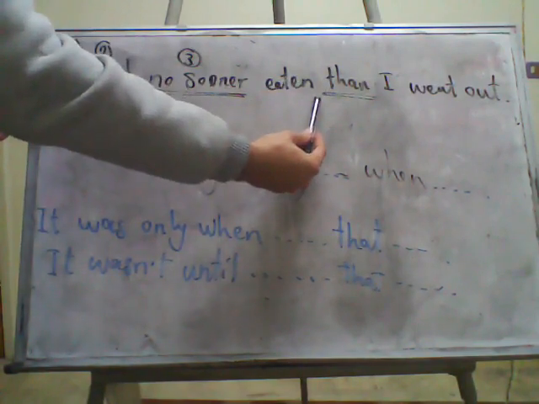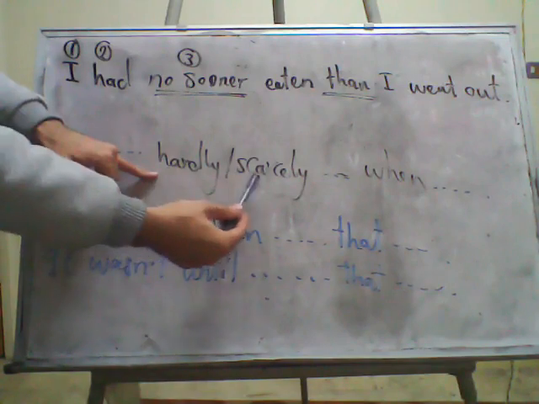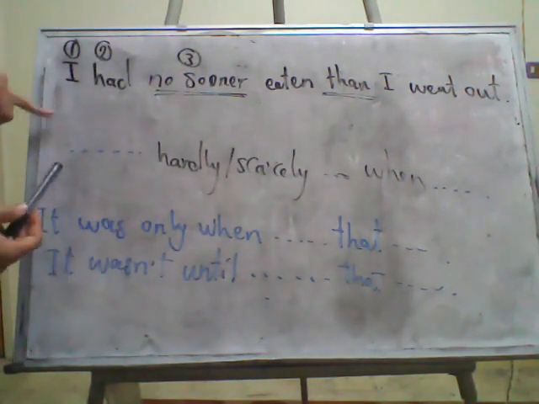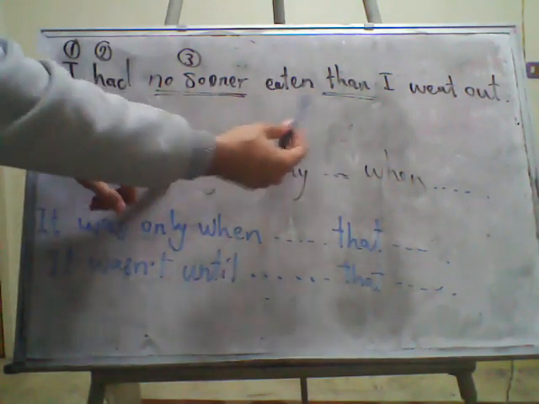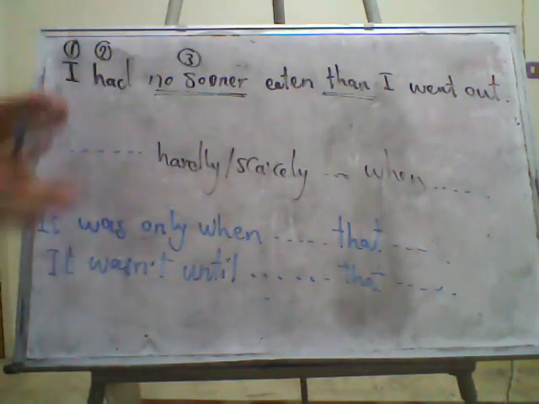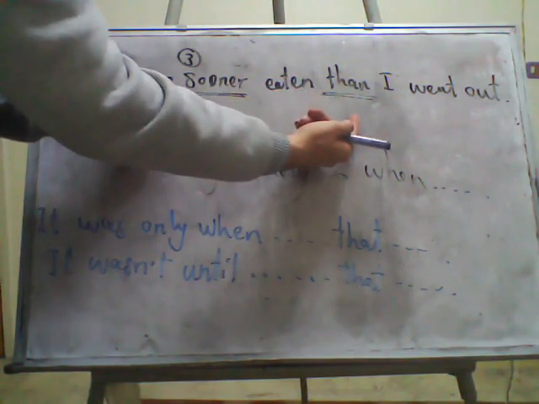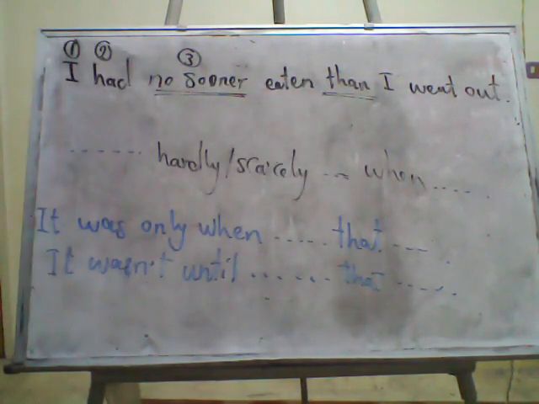This part is for the first action, this part for the second action. Hardly, scarcely, and when. So, I had hardly eaten when I went out. Be sure that you use both words together.